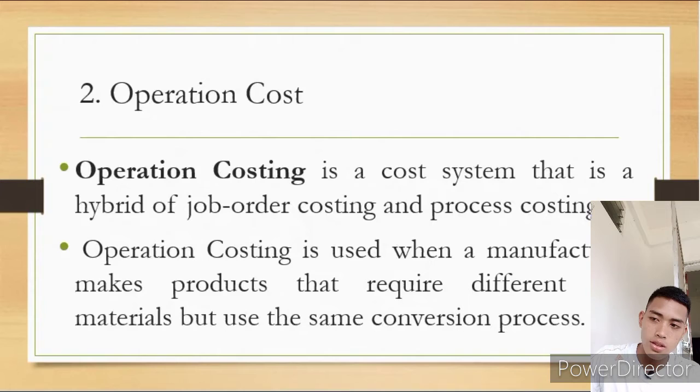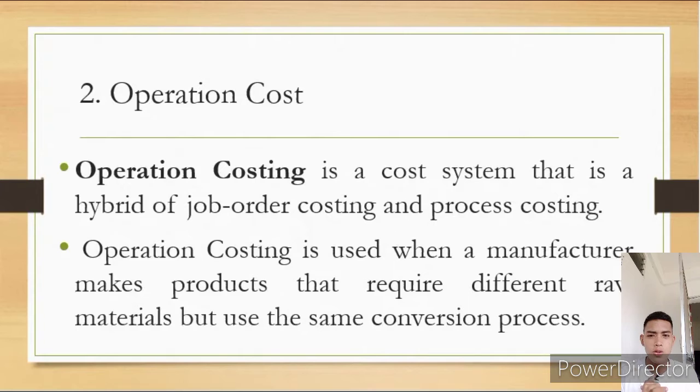Operational cost is defined as a costing system that is a hybrid of job order costing and process costing. Operational costing is used when a manufacturer makes products that require different raw materials but use the same conversion process. Let me say it this way: operation is not free. In order for something to operate, it must have a cost, an amount of money to pay for the operations.